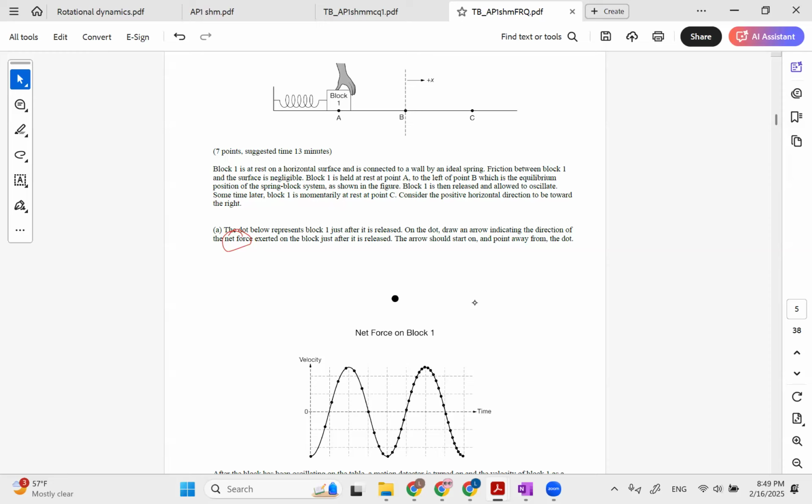Remember, you are drawing net force. It's not a free body diagram. Richard, how many net forces apply on the block?